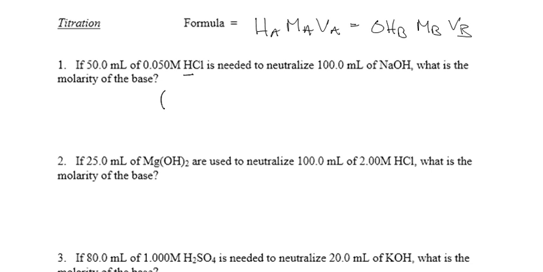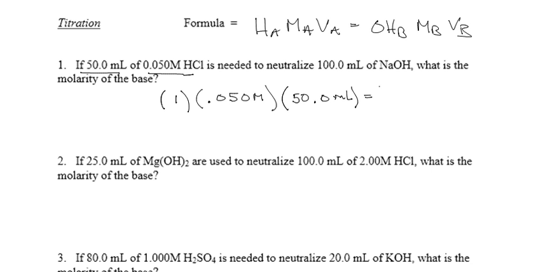HA is the number of H's in the acid. So in HCl, there is 1 H. Ma is the molarity of the acid, 0.050 molar. And Va is the volume of the acid, 50.0 milliliters.